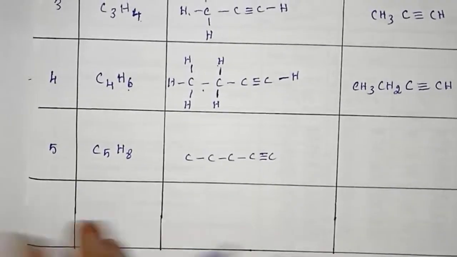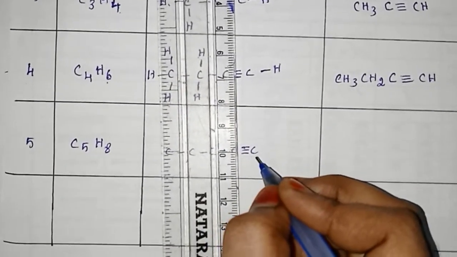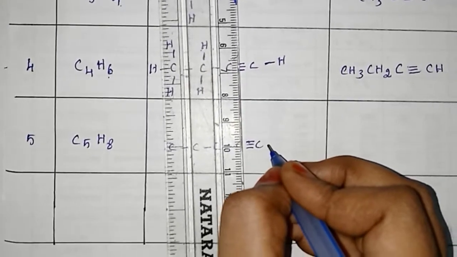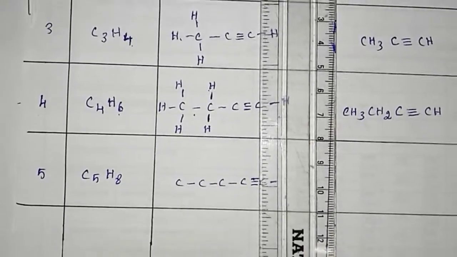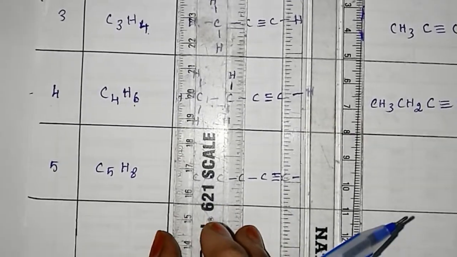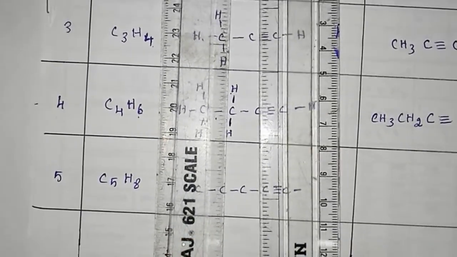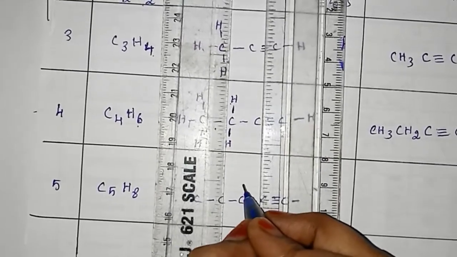Okay. Next we do the framework. So the last carbon contains 3 covalent bonds. For satisfying the tetravalence it needs one more bond. Okay. And next, this carbon is already surrounded by 4 covalent bonds, so the tetravalence is satisfied. And the next carbon atom contains 2 covalent bonds only, so for satisfying tetravalence it needs 2 more covalent bonds.